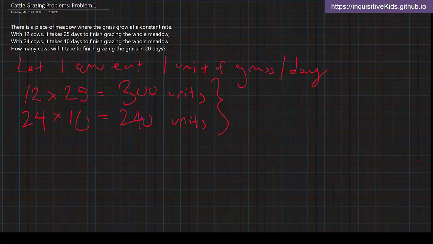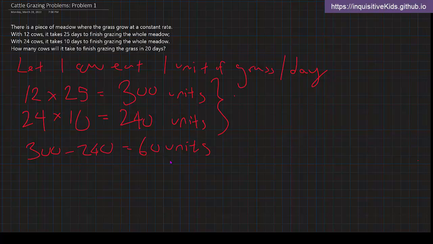Next, we're going to find the difference of these two units. So we do 300 minus 240 units, and we get 60 units. So this is the difference.